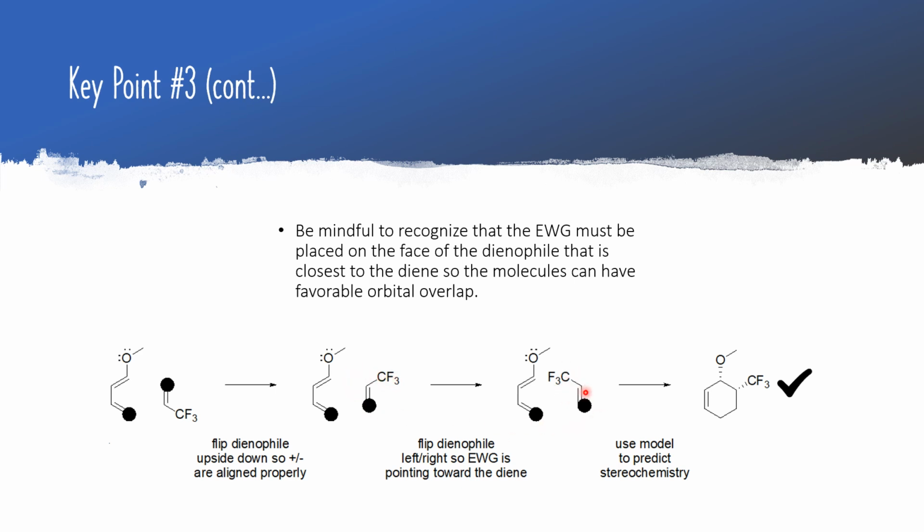So here we go. Now this electron withdrawing group is pointing towards the diene, and this model can now be used to predict the stereochemistry. I know it's a lot to take in, but I will go through this slowly so you can understand this very thoroughly.